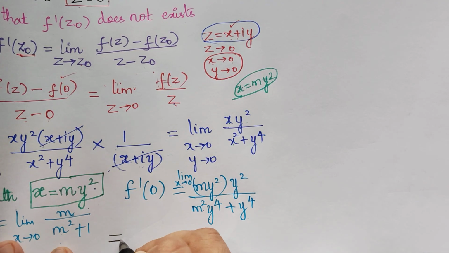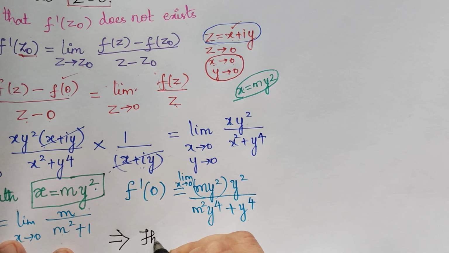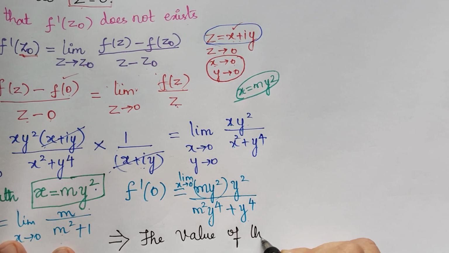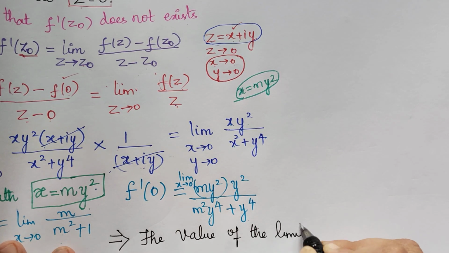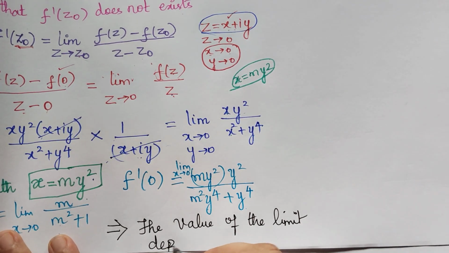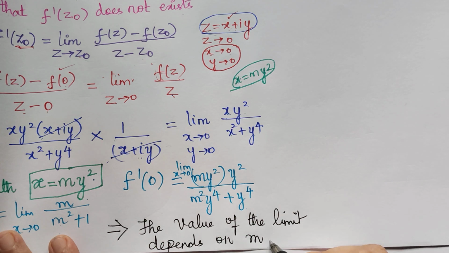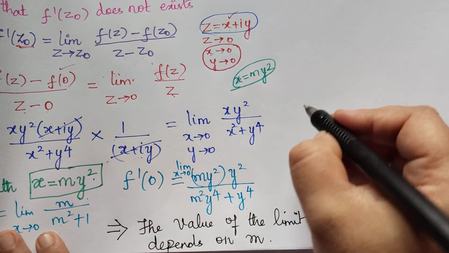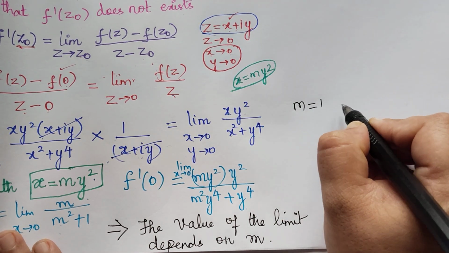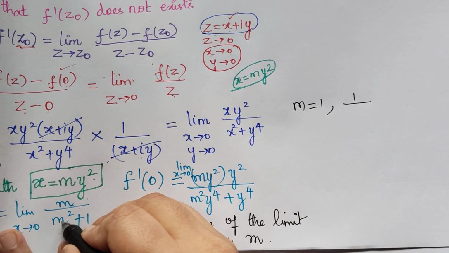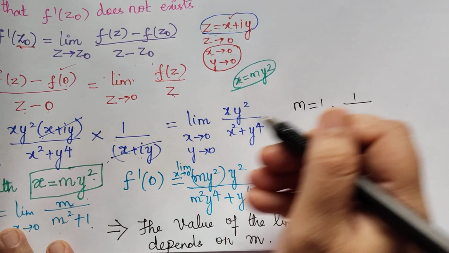So from this we see that the value of the limit depends on the value of m. As m keeps on changing, for example if m is equal to 1, what will happen? This limit will become 1 by 1 square is 1, 1 plus 1 is 2.